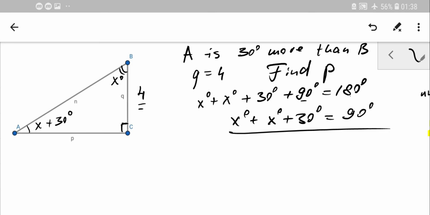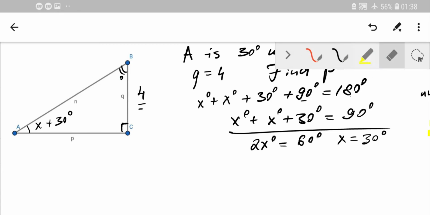If you remember, just use it immediately. All right, so from where we can figure out that 2x is simply 60 degrees, so 1x is 30 degrees. Okay, so we established the value. Now we can remove unknowns and say, okay, that's 30 degrees, and this 30 plus 30, which is 60 now.